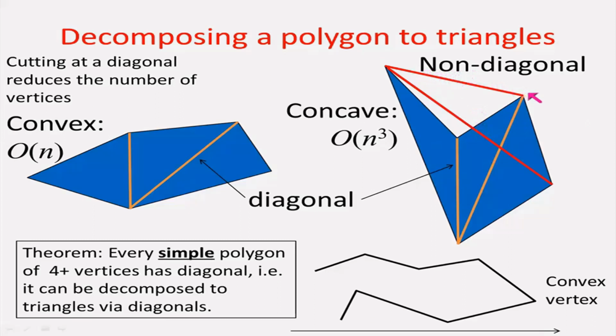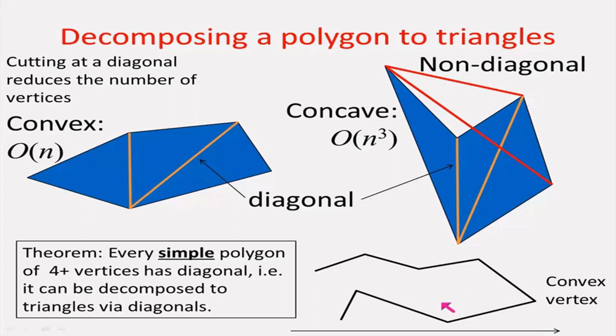The good news is that all simple polygons, even concave ones, have diagonals, so they can be broken to triangles by diagonals. A polygon is said to be simple if its boundary is a single polyline that doesn't intersect itself.